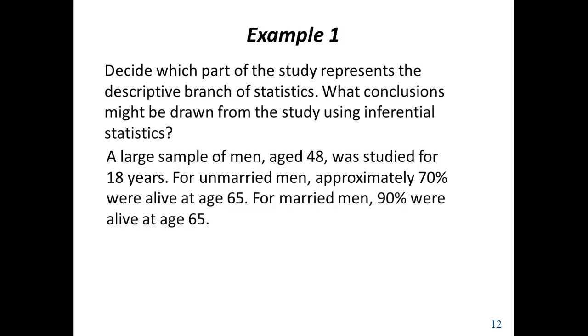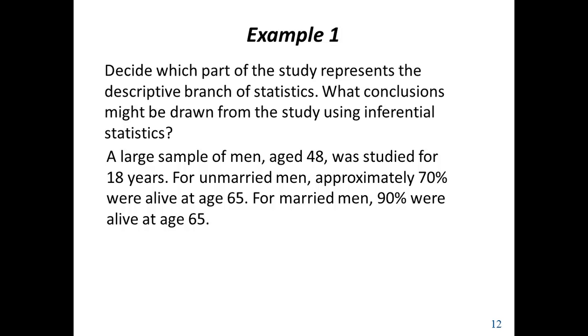We have a sample of men, 48 years old, that we follow them for 18 years. For unmarried men, 70% were alive at the age of 65. For married men, 90% were alive at the age of 65. So from here, the descriptive statistics will be the actual calculations, the 70% and the 90%.